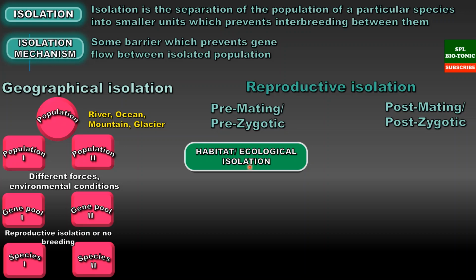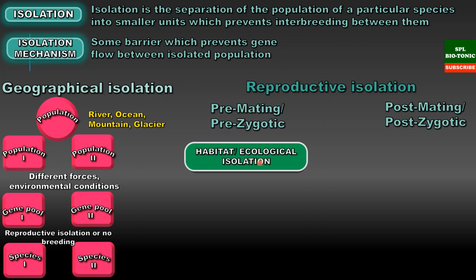One is in, say, fresh water and the second is in, say, brackish water or even sea water. As there is a difference in the ecology of the surrounding conditions, the two animals are not able to come together for breeding. So this is called habitat or ecological isolation.